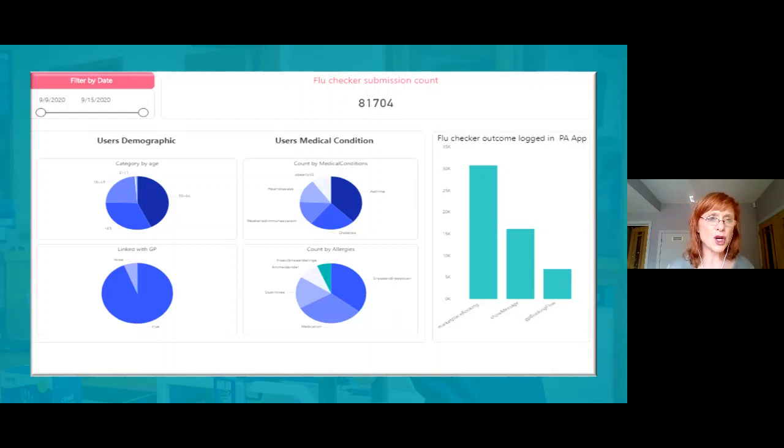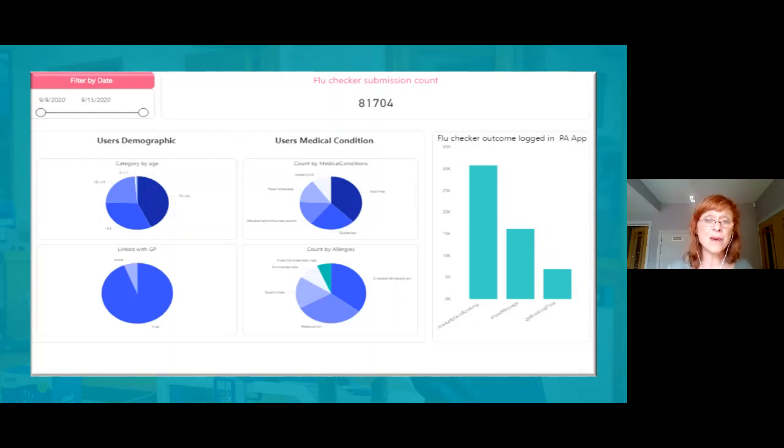So if you look at that top left-hand corner, that seems to be where most of our questions are coming from. 45% of the people accessing the checker are aged 50 to 64, and I suspect that these are patients who heard the announcement that they were going to be eligible but have not received a flu vaccination invitation from their practice.